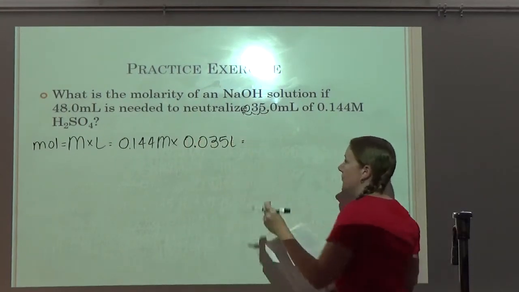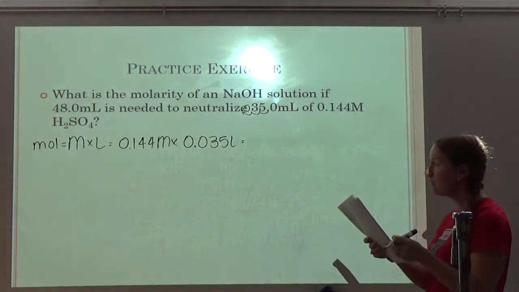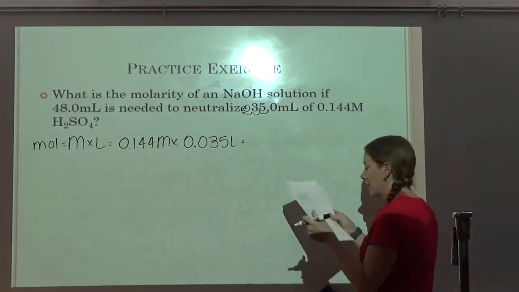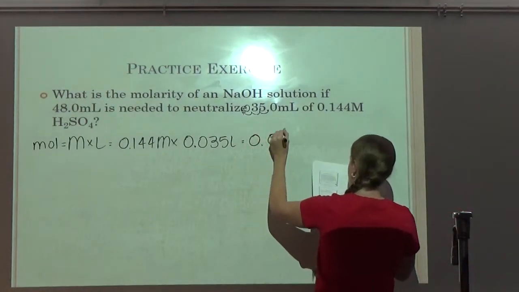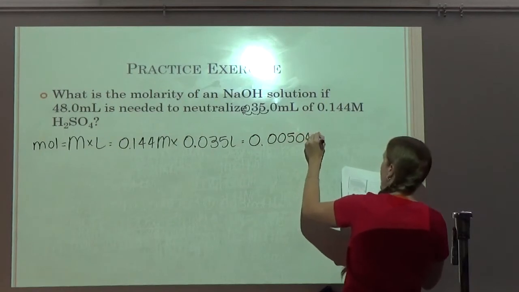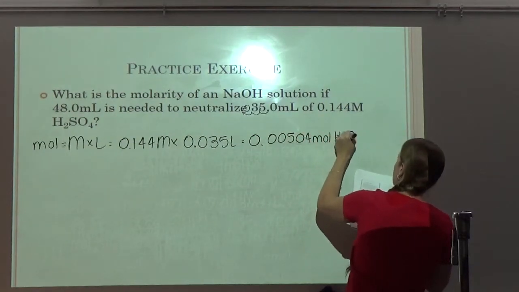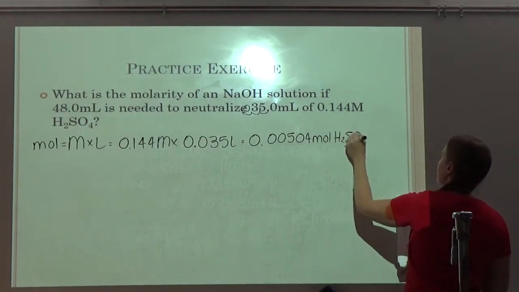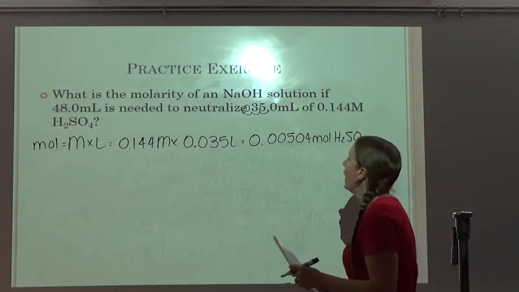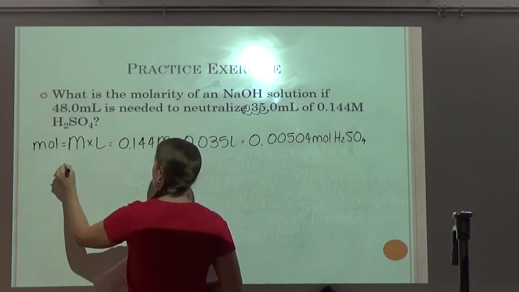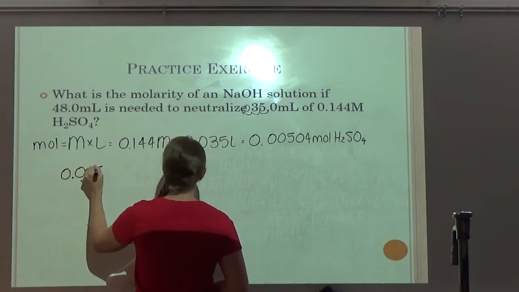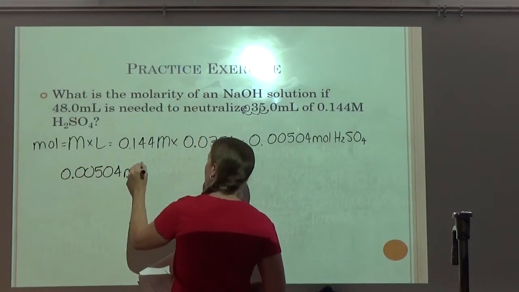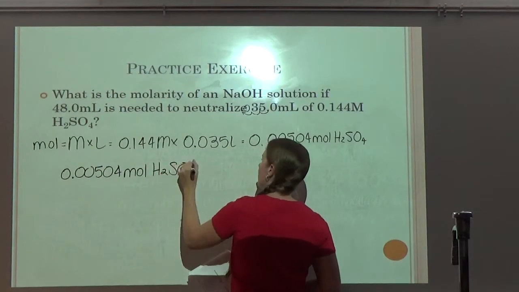0.035. So for my moles of sulfuric acid, I end up getting 0.00504 moles. Whoop, that says water, not sulfuric acid. That would be quite a different reaction. All right, so next I need to get to sodium hydroxide. So I start with my moles of sulfuric acid.